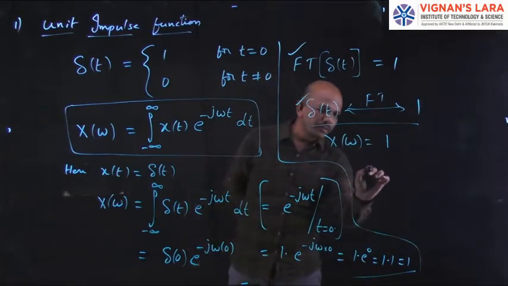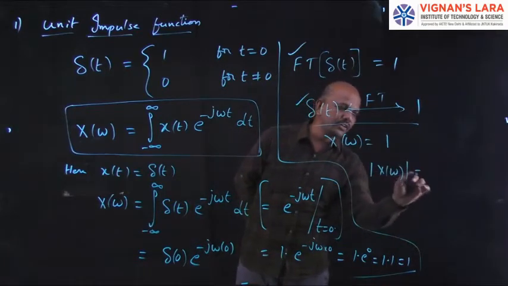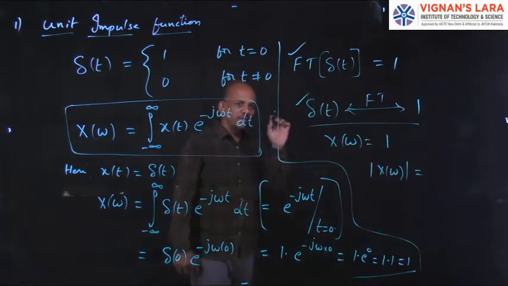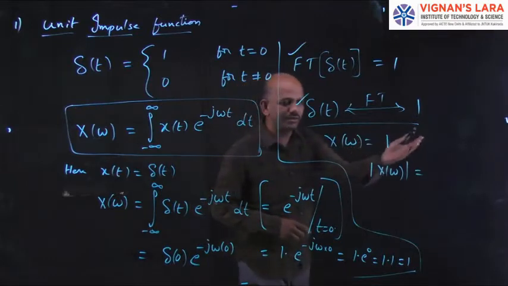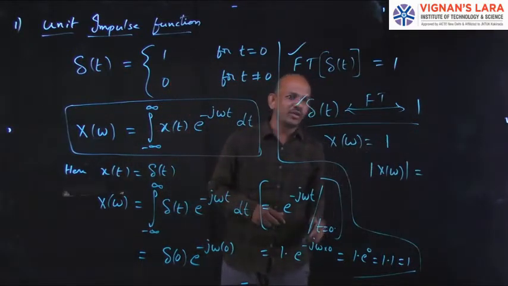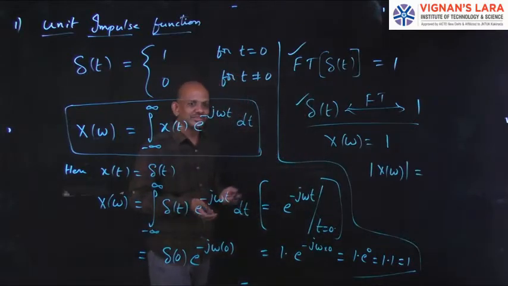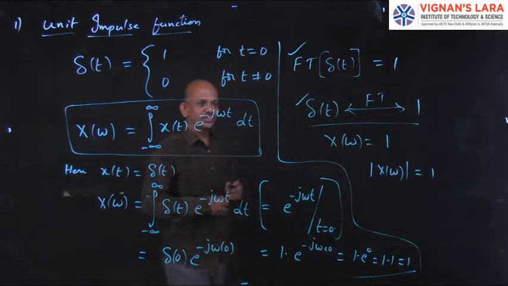Magnitude means mod of x of omega. Nothing but square root of a real square plus imaginary square. There is no imaginary part. Leave it. So square root of a real square. So real part is 1. Square root of 1 square, nothing but 1. Magnitude of this one is 1.